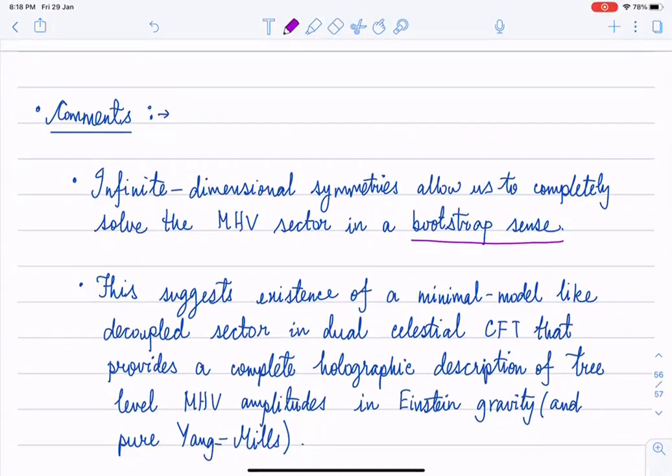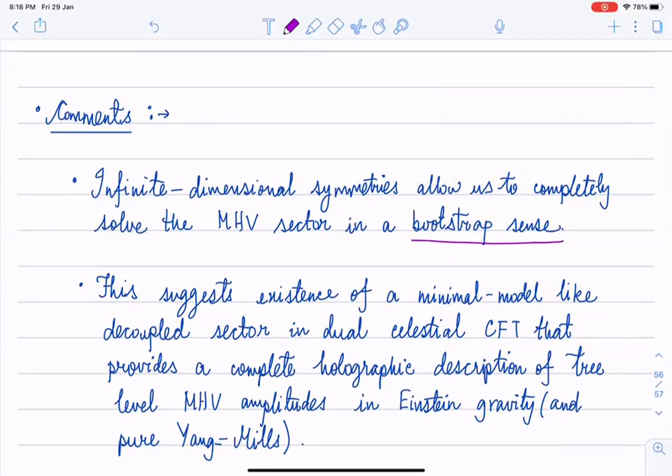I'm saying in a bootstrap sense because what these symmetries allow you to do is completely fix the structure of the operator product expansion for you.